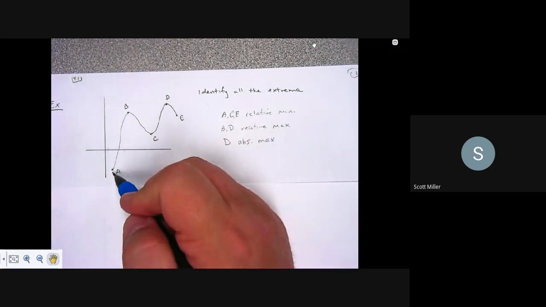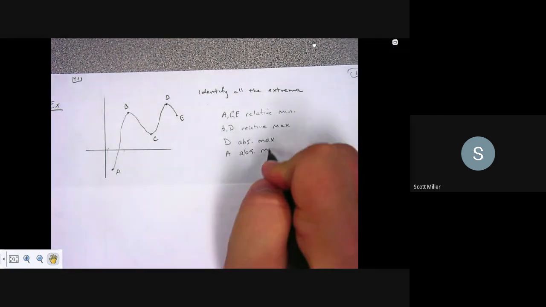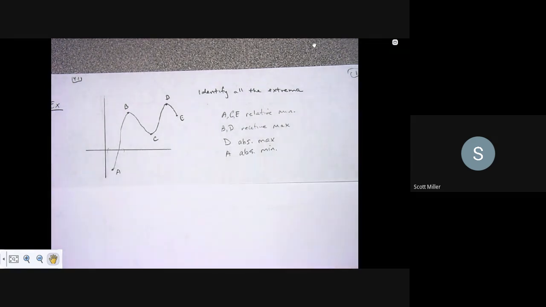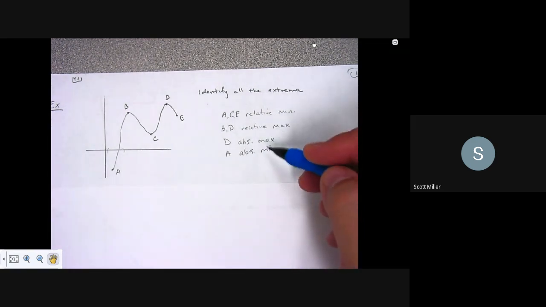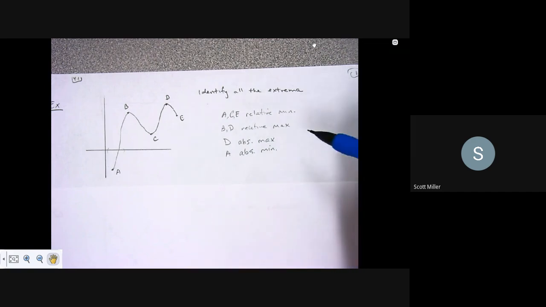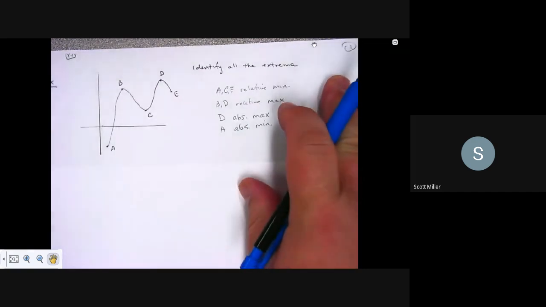Well, likewise then, what's the lowest value that I can have here? Well, it would be A. And so A, not only is it a relative minimum, it is also the absolute minimum. And that can happen quite often. So a relative maximum could actually also be an absolute maximum, but doesn't have to. All right, you'll see examples of all that kind of stuff as we move along.